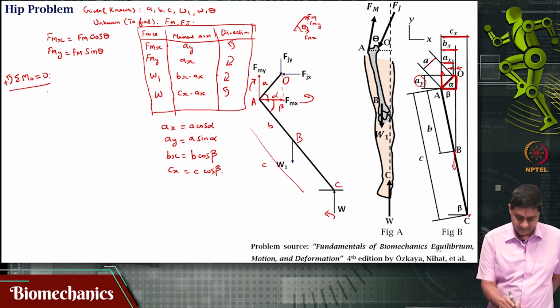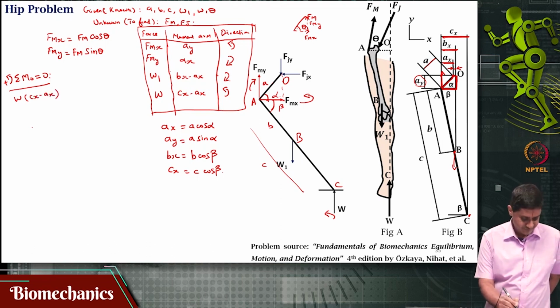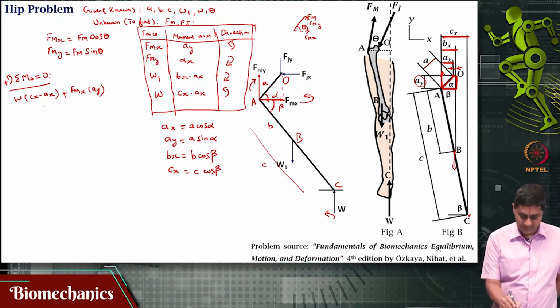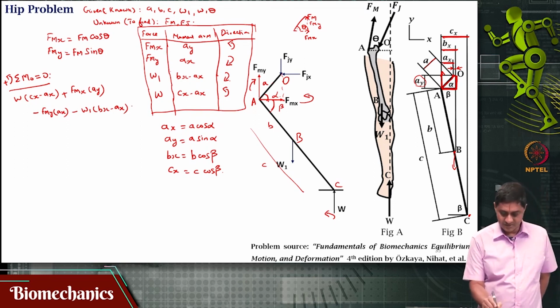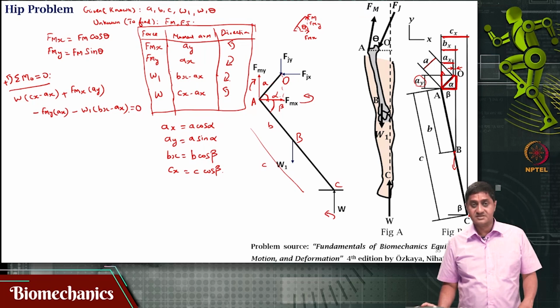That would be W into (Cx minus Ax), plus, I am writing out the counterclockwise components first, plus Fmx into Ay, minus Fmy into Ax, minus W1 into (Bx minus Ax). Is there anything else that causes a moment? No, the whole thing is 0.